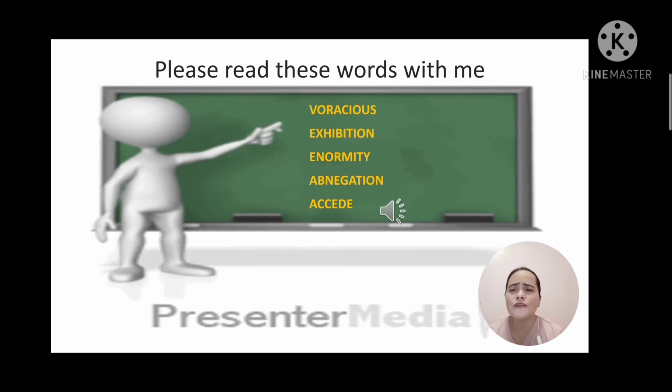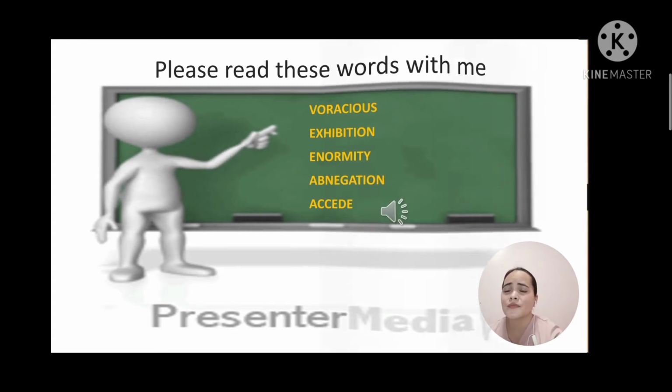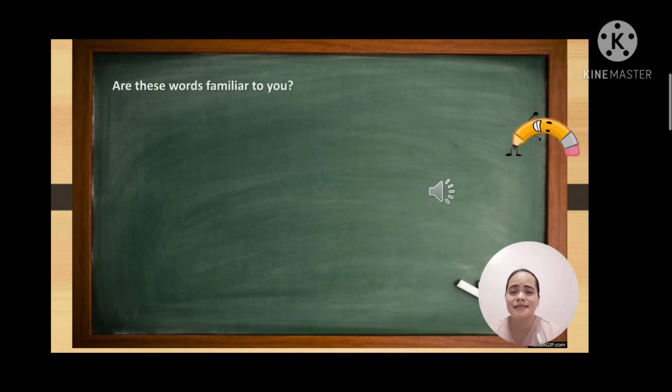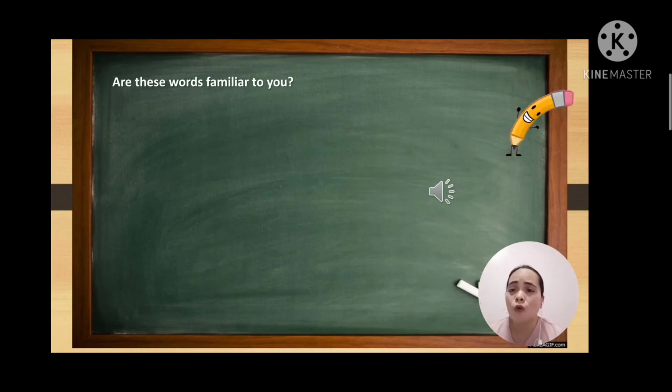Now, class, have you already encountered these words? Are these words familiar to you, class? Yes, of course. They are not yet familiar to you. We call them difficult words. Again, we call them difficult words.